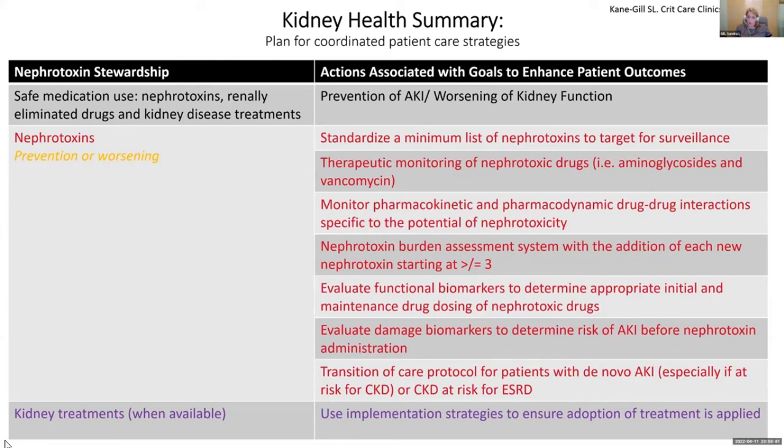You want to evaluate functional biomarkers to make sure drugs are dosed appropriately. We do that quite regularly, but that's part of this overall surveillance. Damage biomarkers can be beneficial. We're learning more about how to use them in practice. And of course, a transition of care protocol so that when someone has acute kidney injury, we can see if we can prevent them from developing chronic kidney disease.